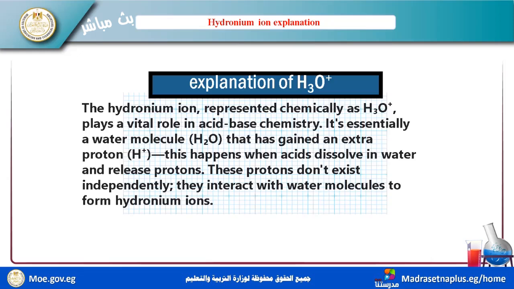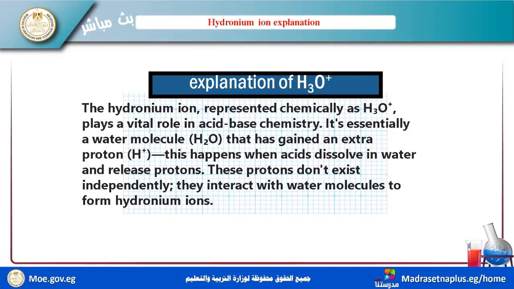Now you find that the hydronium ion, chemically H3O positive, plays a vital role in acid-base chemistry. It is essentially the water molecule H2O that has gained an extra proton, H positive, where H positive is formed from the dissociation of HCl or any acid.